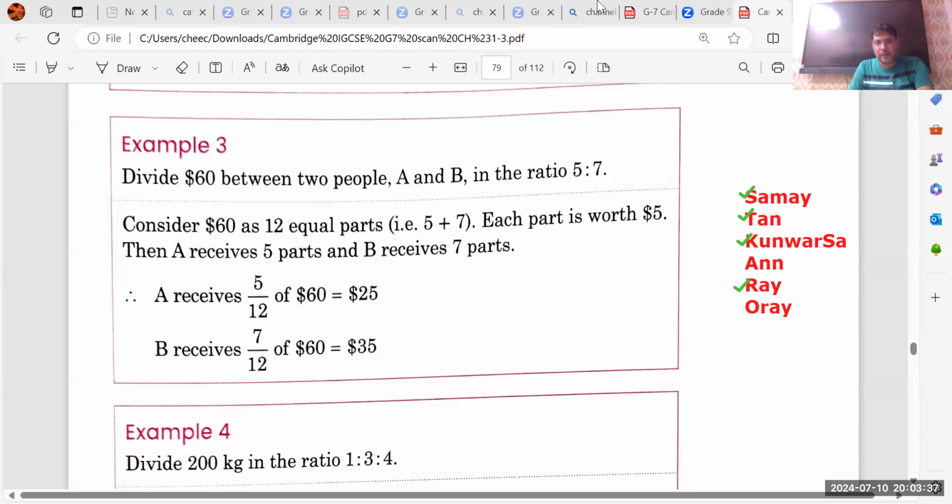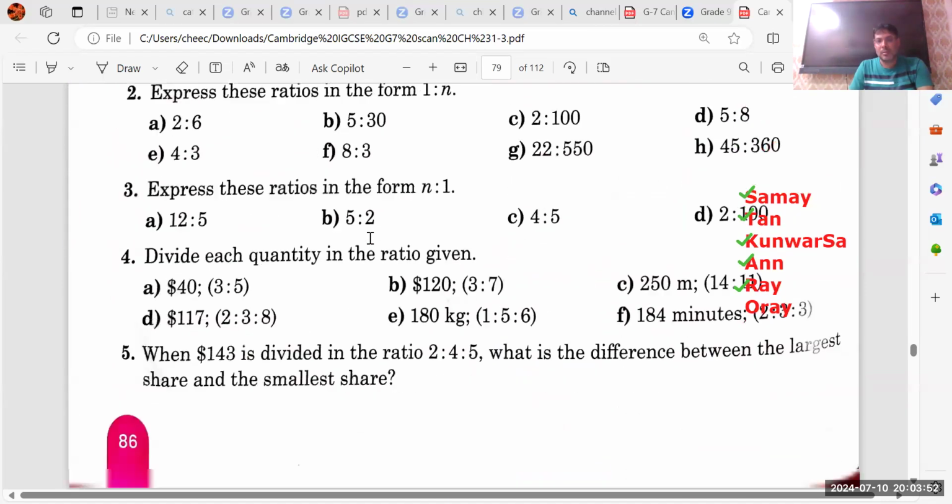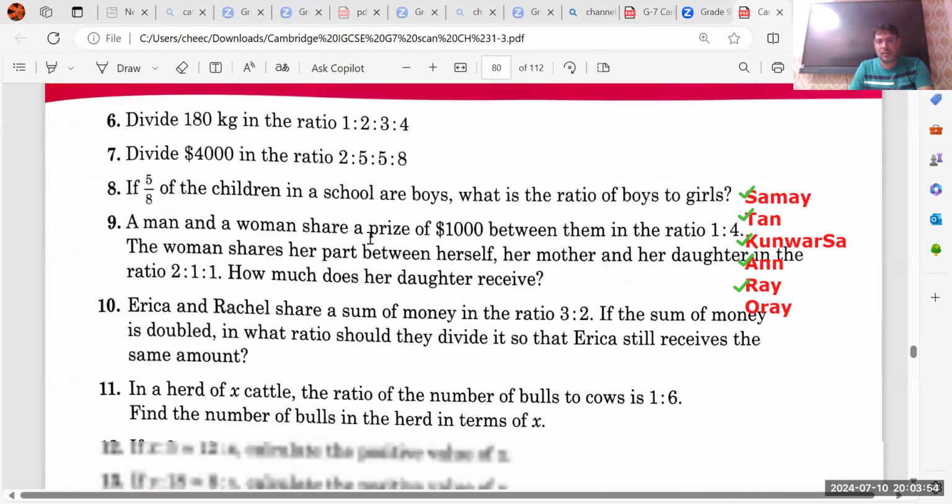Yes, Ore. We have to do example 4. So, and what's my answer? Yes. So, Ore, please note down the question. Beta, please be on time from next time. Okay.